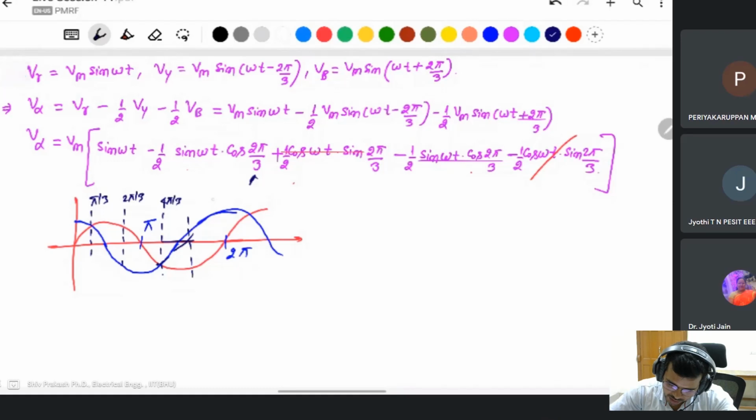This is 30 degrees. This is 5 pi by 3. This is 6 pi by 3 or 2 pi.